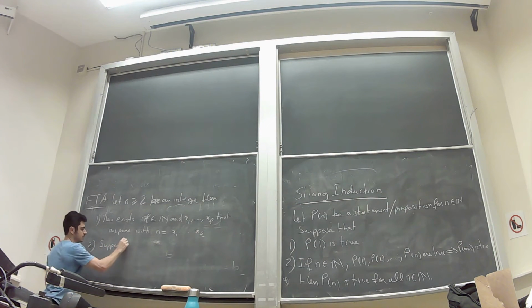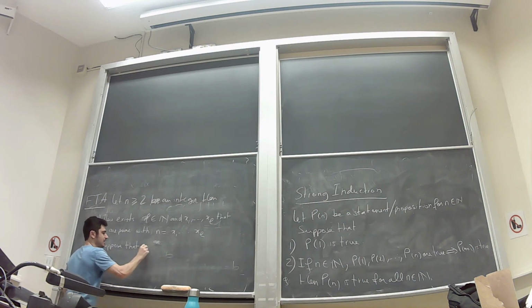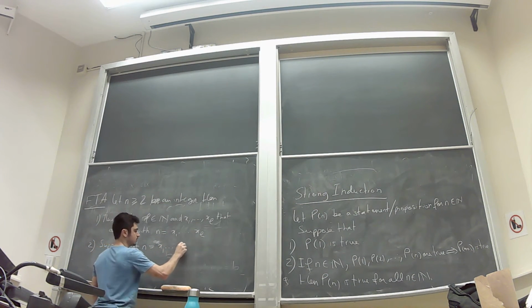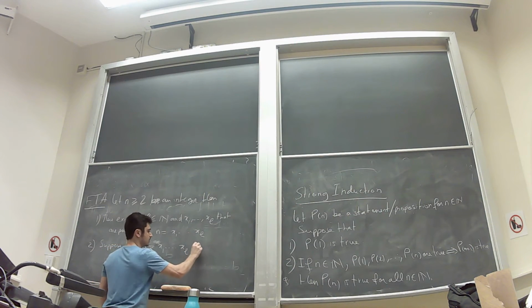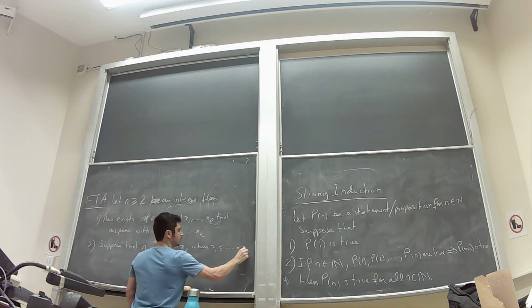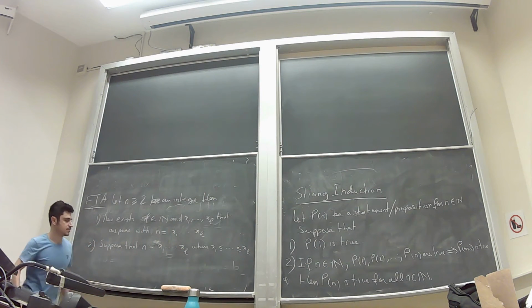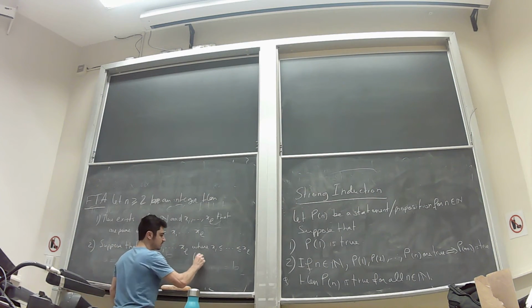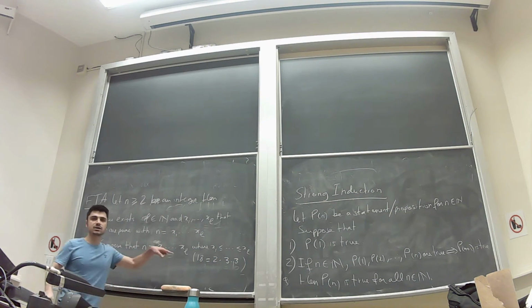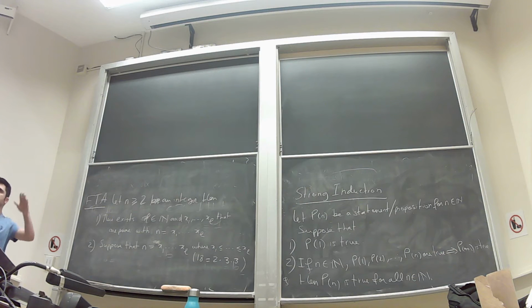Suppose that n is equal to x1 up to xl, where x1 is less or equal to x2, and so on up to xl. Basically, if n is equal to 18, this is going to be 2 times 3 times 3. You arrange them in ascending order.